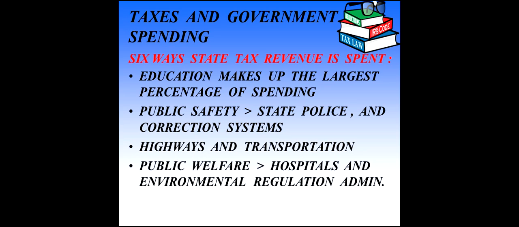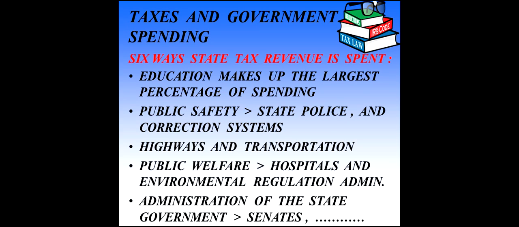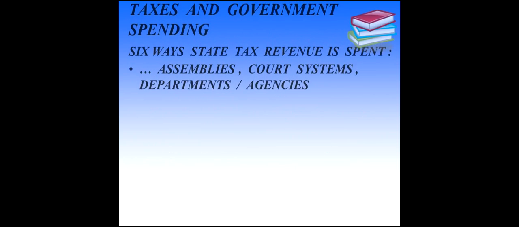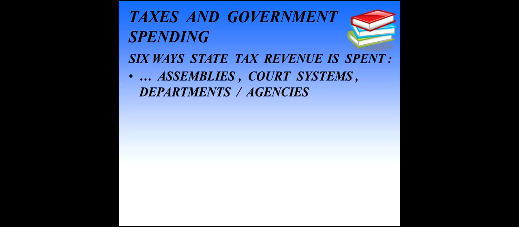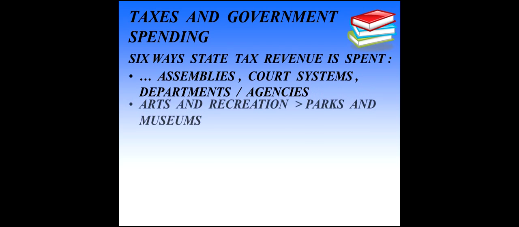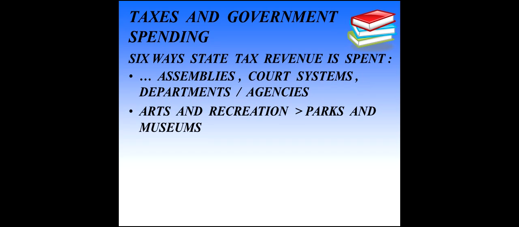Fourth, on public welfare, including public hospitals and also environmental regulation and administration. And the administration of state government itself, in terms of the Senate and the assemblies, the court systems, and particular state departments and agencies. And the last category of spending comes into things such as arts, recreation, that includes everything from museums and parks within a given state or municipality.